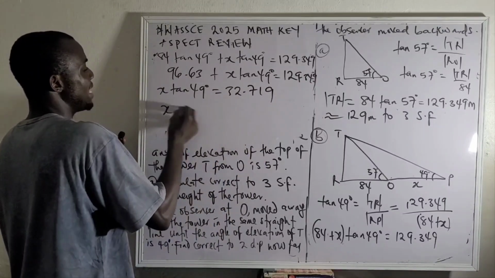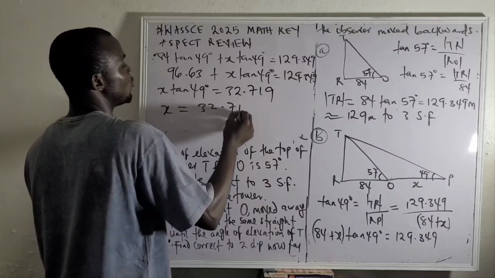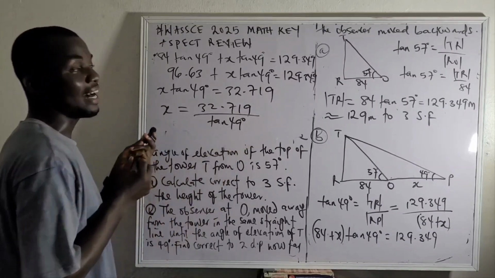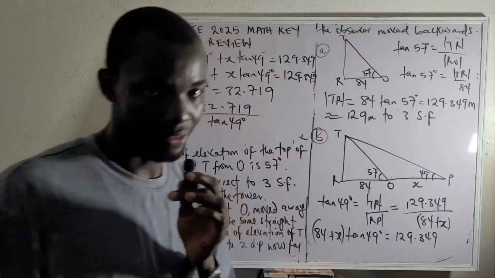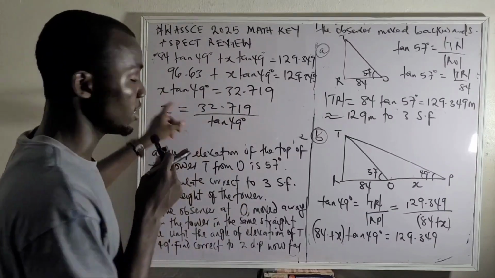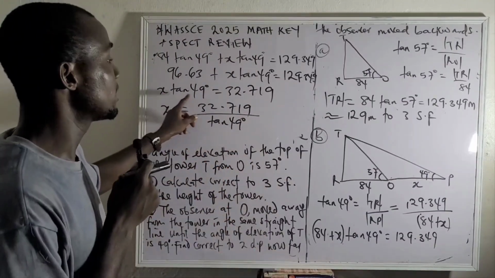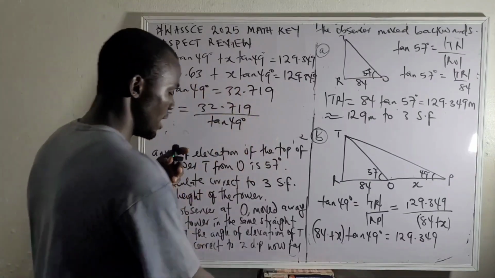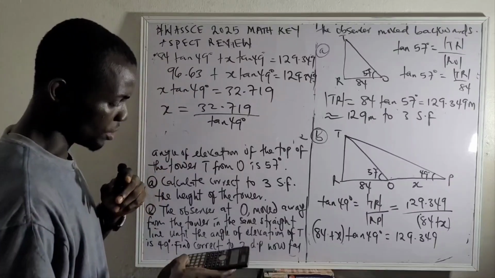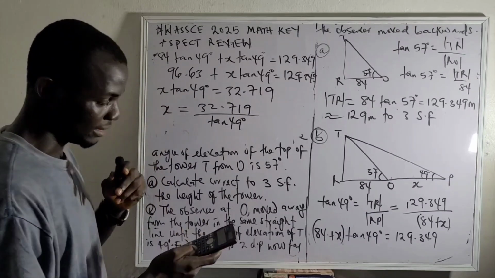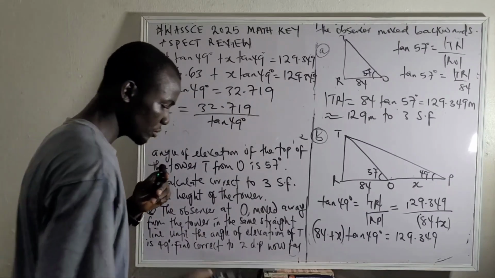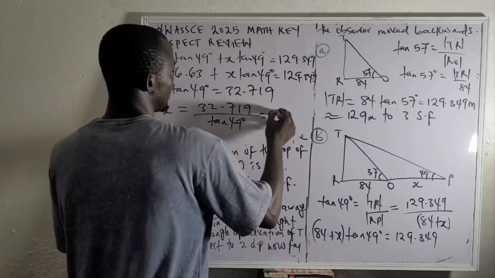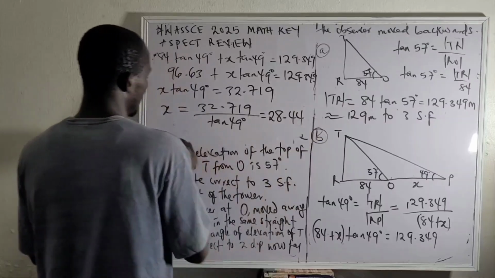From here, my X will be 32.719 divided by tan 49 degrees, that is, dividing both sides by tan 49 degrees since we are looking for X. Or you may decide to first obtain tan 49 degrees, then divide both sides by that number, but I choose to do it like this. That will give us 28.44 to 2 decimal places.